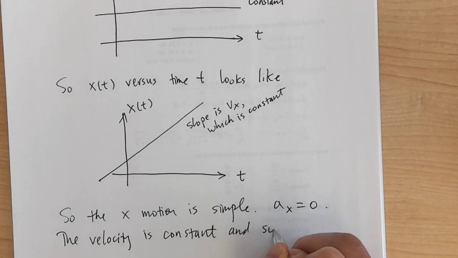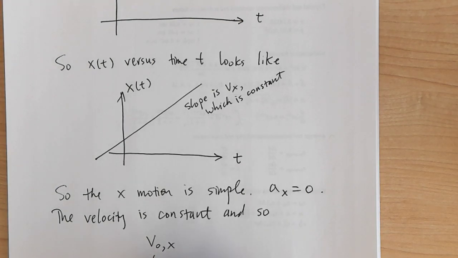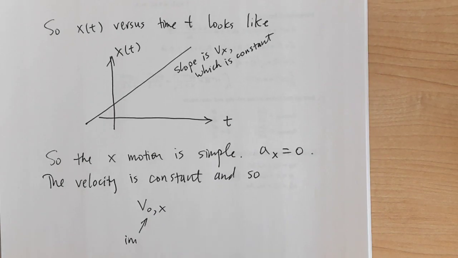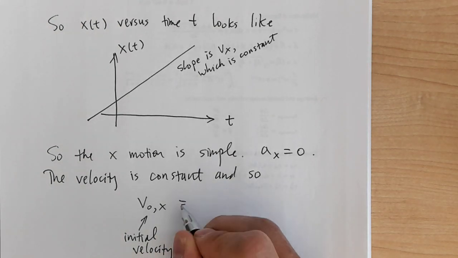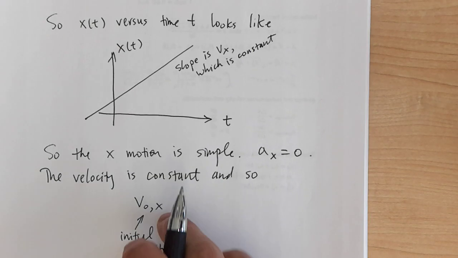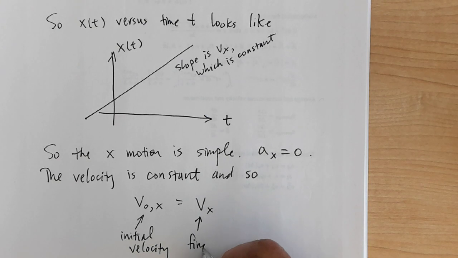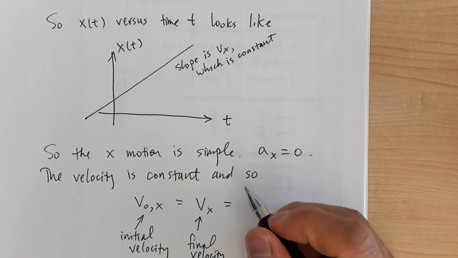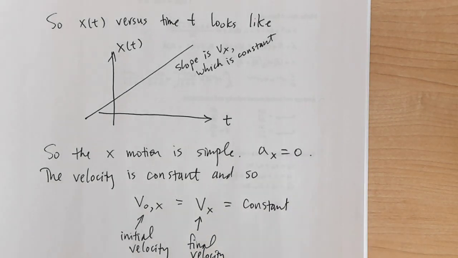And so, if we talk about the initial velocity in the x direction, v0x, the 0 for the initial, x for the x component, and let's say Vx is the final x component of the velocity, then they are both equal to each other and equal to some constant value.